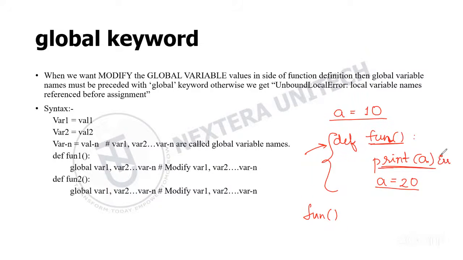An UnboundLocalError, because the assignment is after the print. We don't have any value for a here. But you may think that a equal to 10 is there, so we'll print that. But it will not happen that way, as we have a local variable a already here. So there is no value before, and we'll get an error.